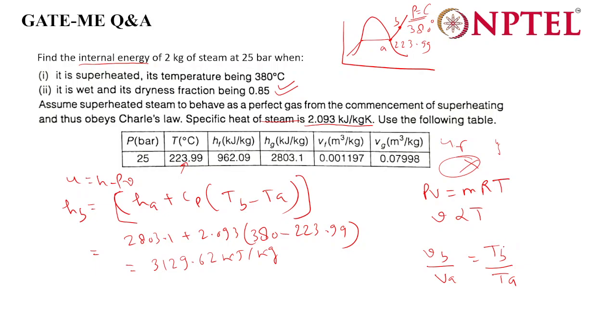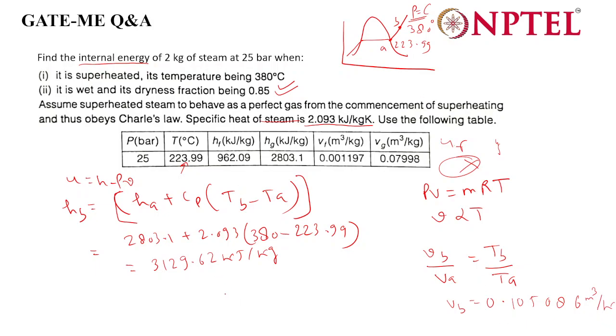VB is coming 0.105086. Anyone confirm this? Yes, sir, correct. So the VB value we know, and the pressure we already know, 25 bar.